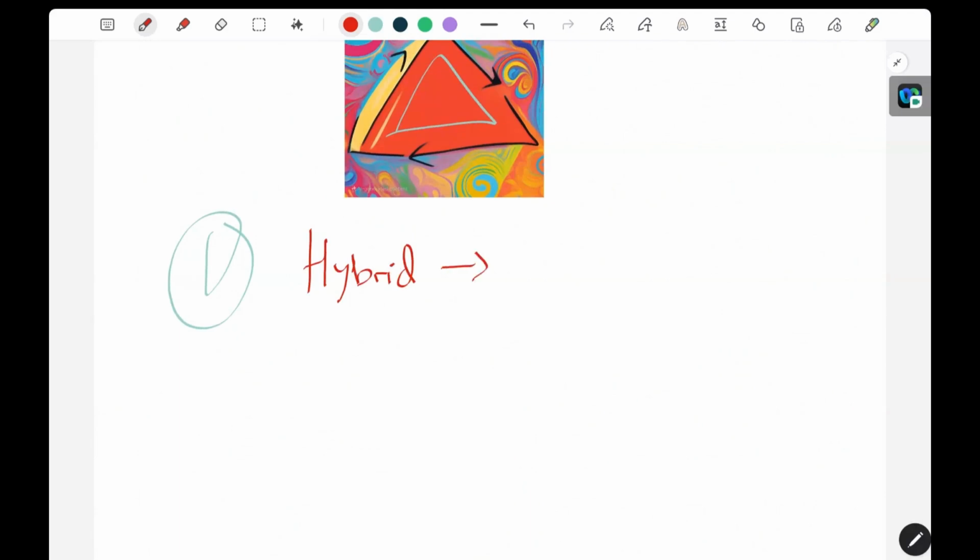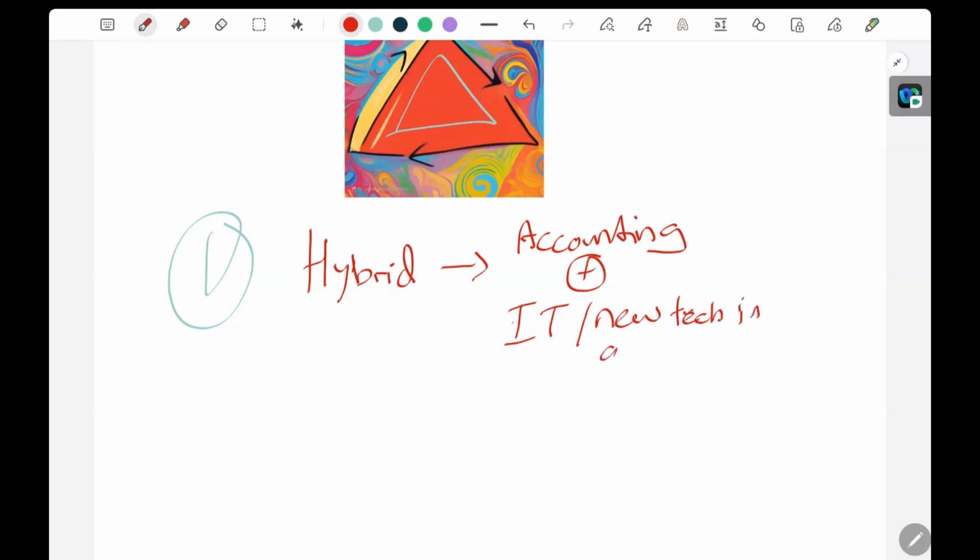Hybrid means not only need to know about accounting, but they also need to know a little bit of IT, IT slash the new stack in accounting, the new tech in accounting, right? We call it the hybrid accountants.